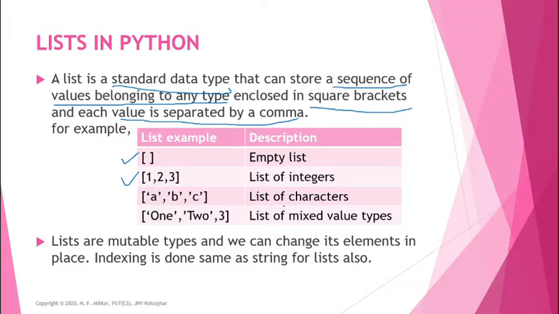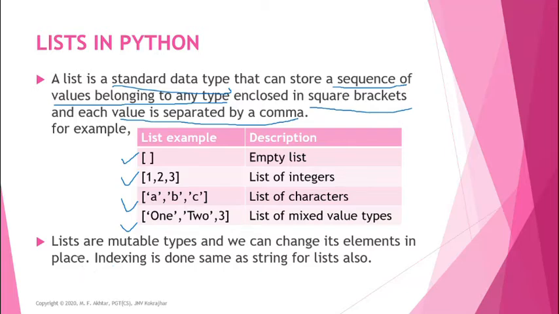List of characters. We have created 3 characters A B C, and all these characters must be enclosed within single quotation marks. And here we have put some strings and numbers, also mixed type values. 2 strings are there, 1 and 2, and 3 is given as number. We can have a mixed data type also in a list.